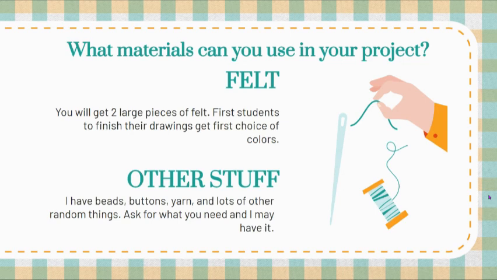So plan ahead and work quickly so that you are not the last person to choose, or you may not get the color that you want. For other things you want to add, I have things like beads, buttons, yarn, and other random things. If you have an idea, ask about it, and I may have it. If you never say anything, I guarantee you I cannot get that thing for you.